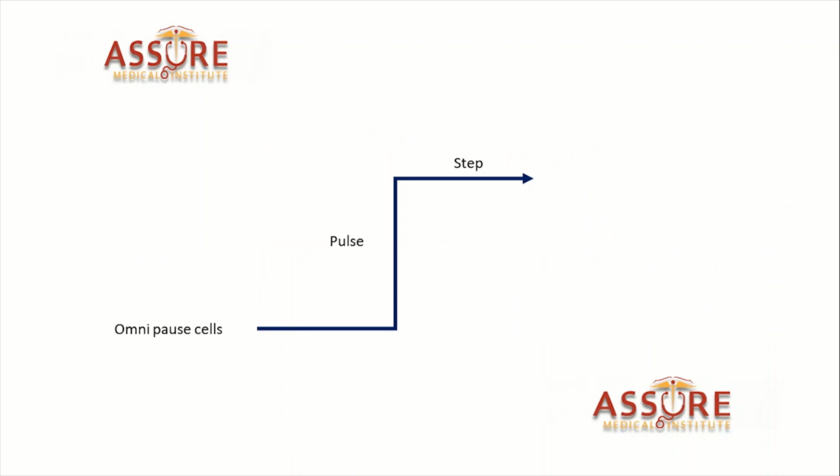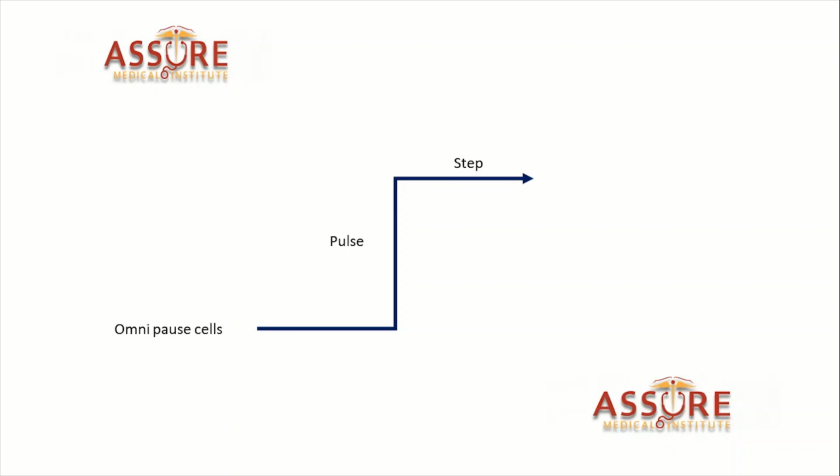So saccades, by definition, are rapid eye movements. The rapidness comes from the pulse generated by the burst neurons. The step is to maintain the fixation in the new position. There are three types of cells mainly.